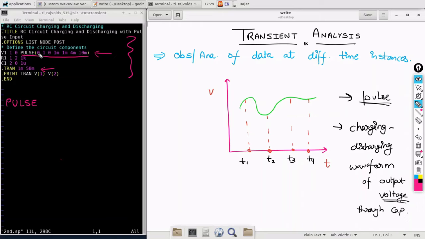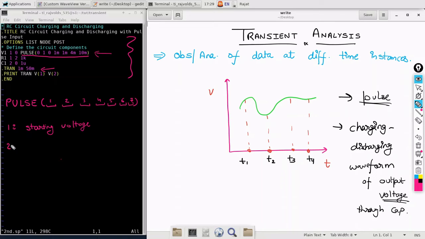There are 7 specifications in this bracket, and each one has its own meaning. So this is 1, 2, 3, 4, 5, 6, and 7. In the first position, it is the starting voltage. It means from where the pulse should start, what is the starting voltage.